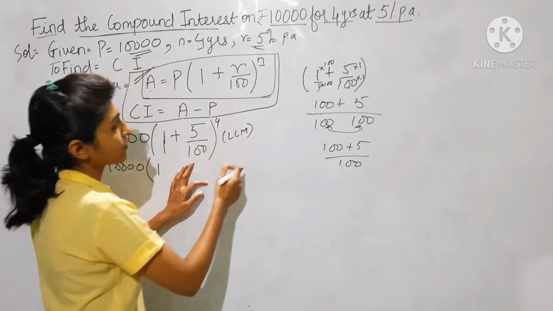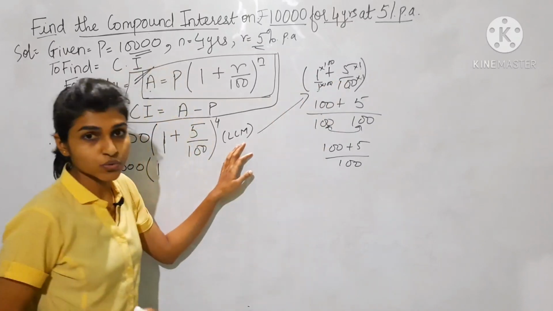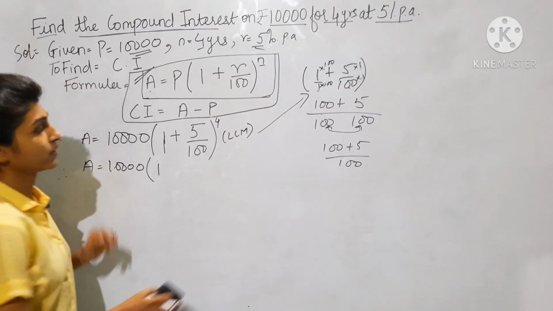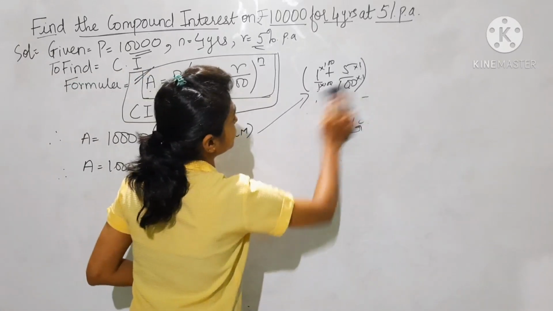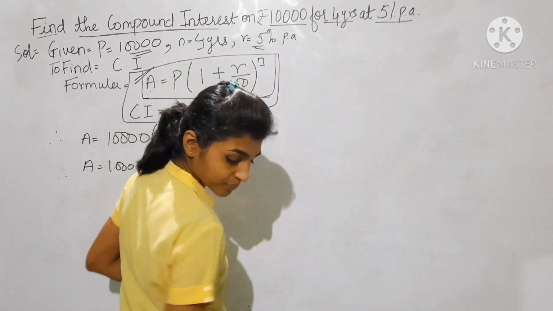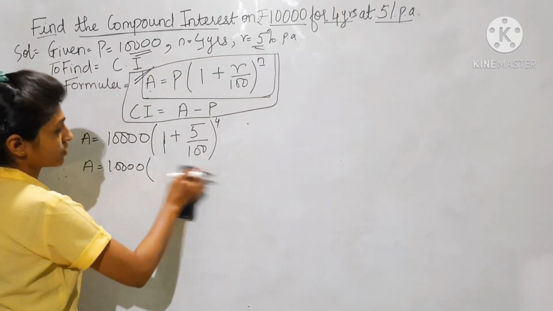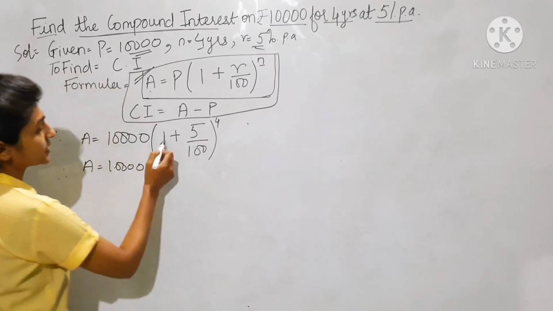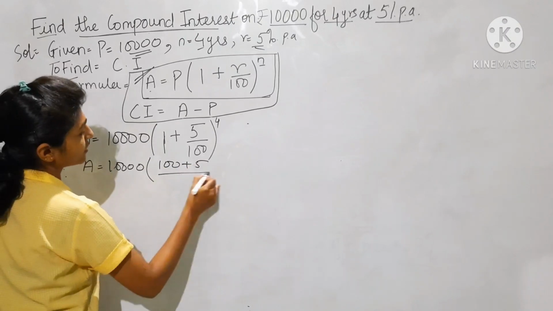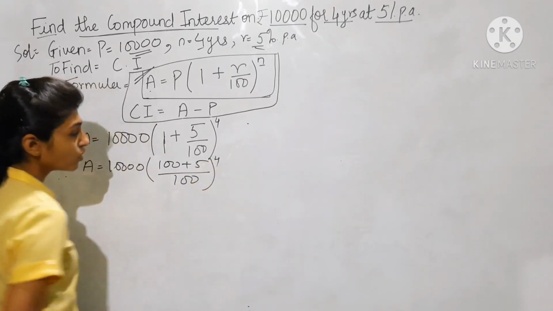So you are going to find it in this way, making the denominator same. So by LCM, 100 plus 5 divided by 100 bracket close raised to 4.